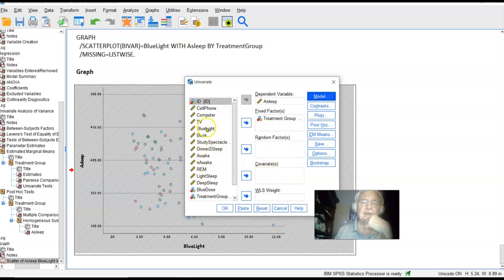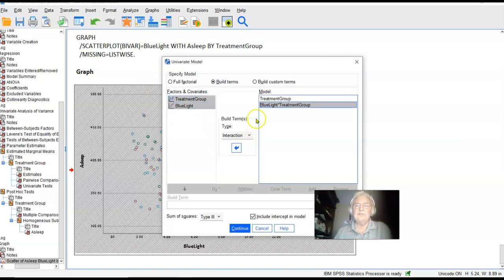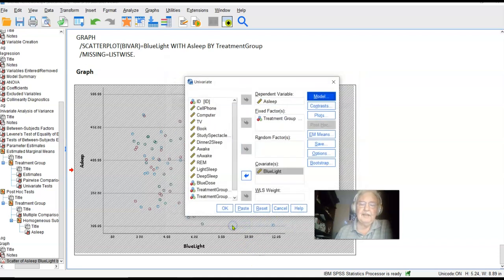Let's put in blue light. Go to our model. And let's have treatment group and blue light. So we have, as our model, treatment group and blue light by treatment. So you don't automatically get this. You have to work at it if your lines aren't parallel to get that.